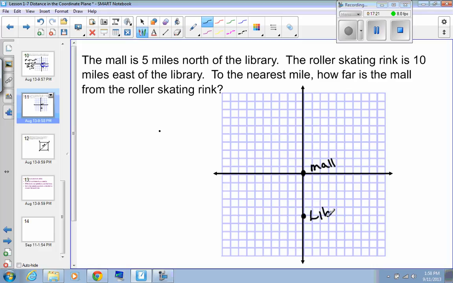So I went down because I want the mall to be north of the library. Then it says that the roller skating rink is 10 miles east of the library. I want to know how far the mall is from the rink. So again, we know that this distance is 5, this is 10. So go ahead and use the Pythagorean theorem to solve this.